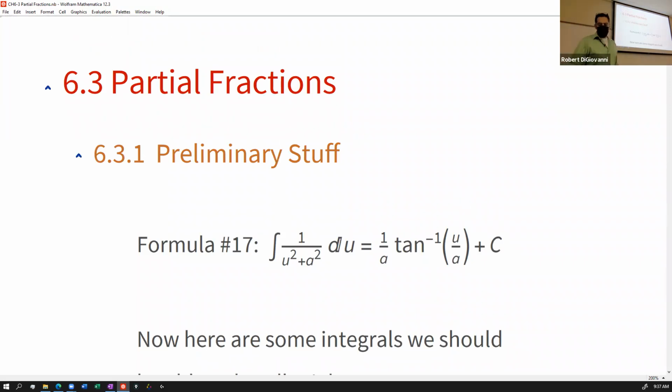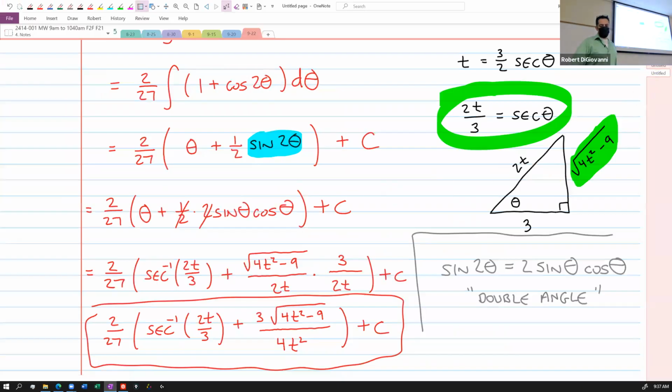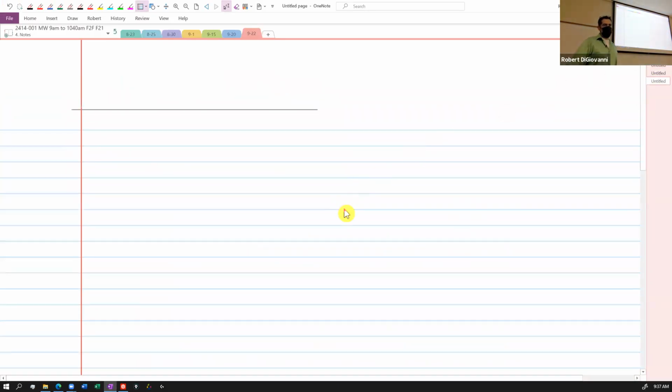All right. I want to point out one more type of issue that you could run into. We're not going to do the problem, but I know that there's a problem like this in the homework where you have something like, I'm just making this up, something, and then on the bottom you have x squared minus 4 to the 3/2 dx.